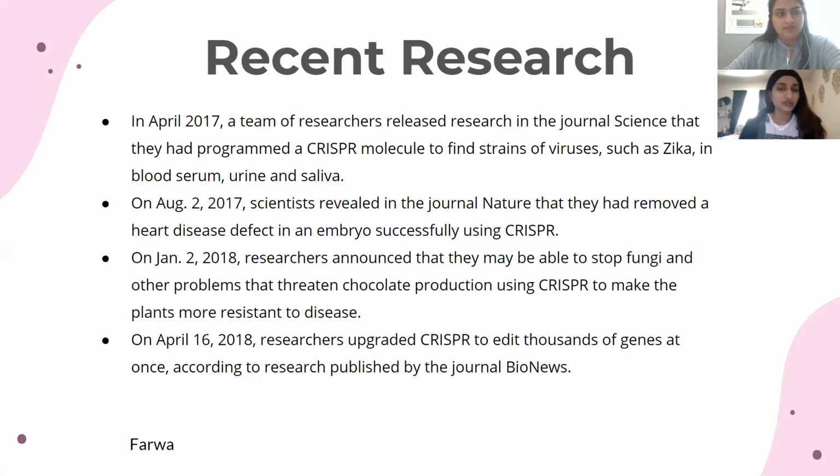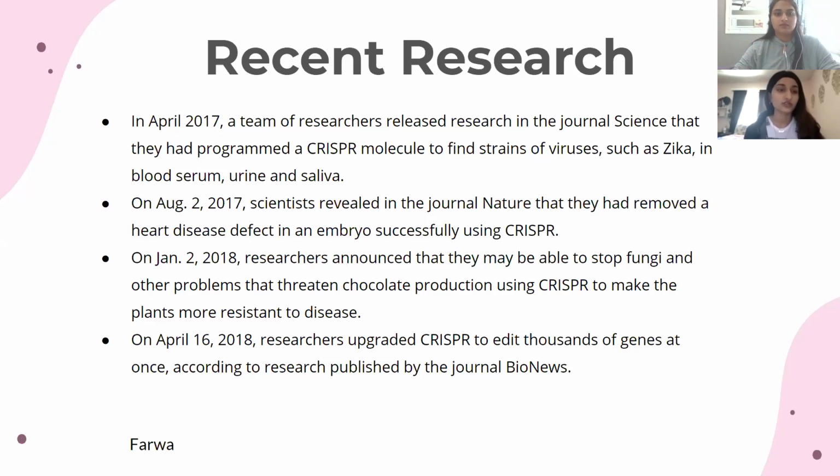So, recent research about CRISPR. In April 2017, a team of researchers released research in the journal Science that they had programmed a CRISPR molecule to find strains of viruses such as Zika in blood serum, urine, and saliva. On August 2nd, 2017, scientists revealed in the journal Nature that they had successfully removed a heart disease defect in an embryo using CRISPR.